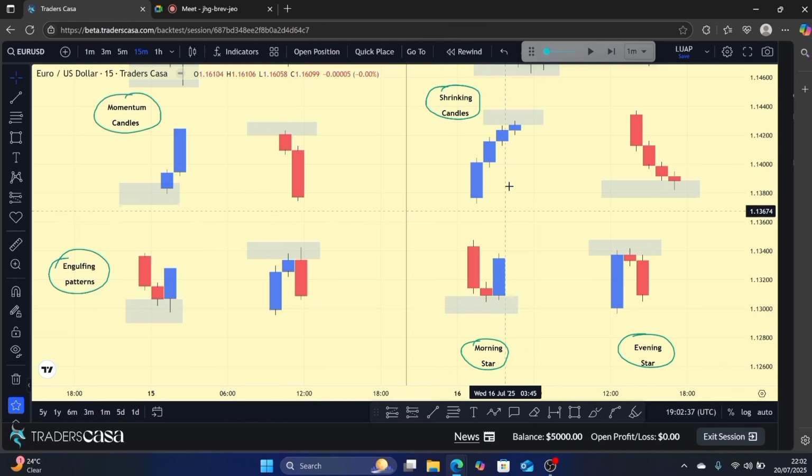Just know how to read price, how price is reacting as it approaches that zone, and how price is rejecting from that zone. Then that will give you a clear sign to either enter or participate in that trade.